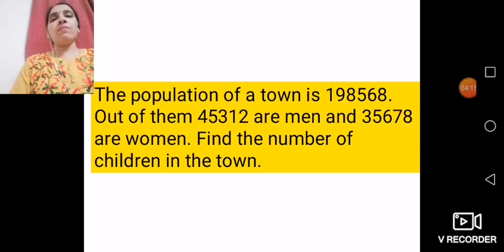After adding 45,312 and 35,678, whatever answer we get will be subtracted from the total population to get the number of children.